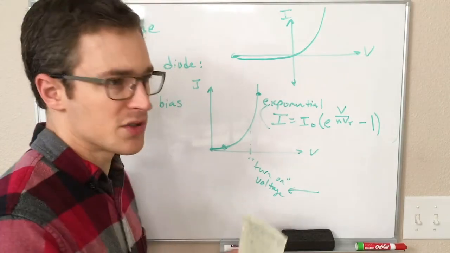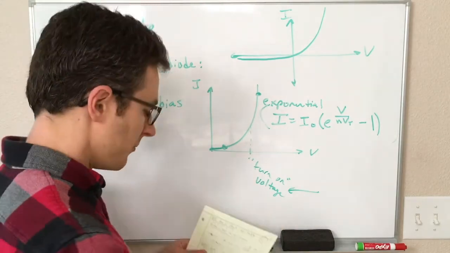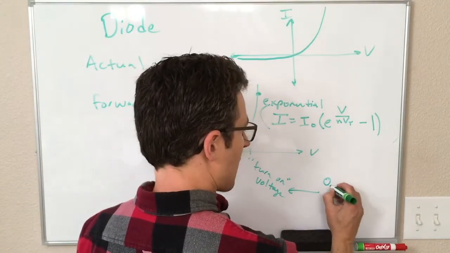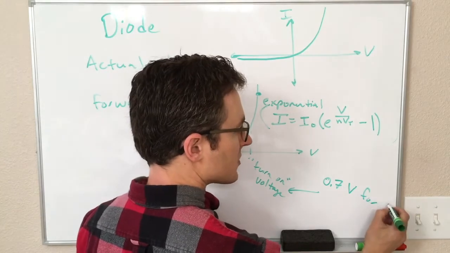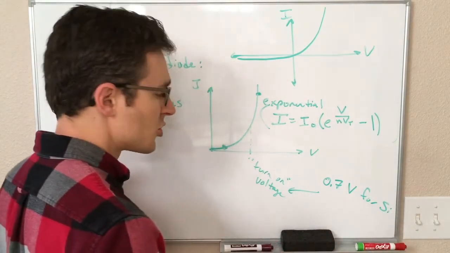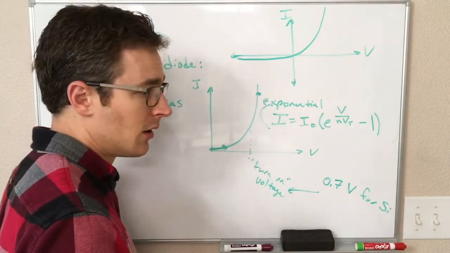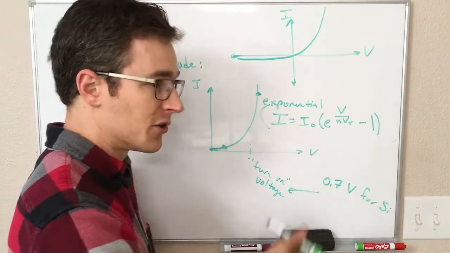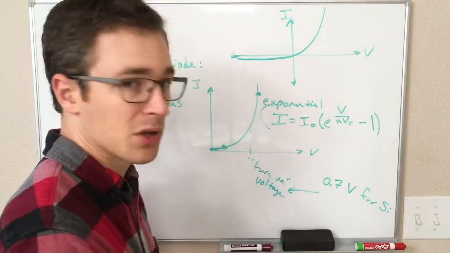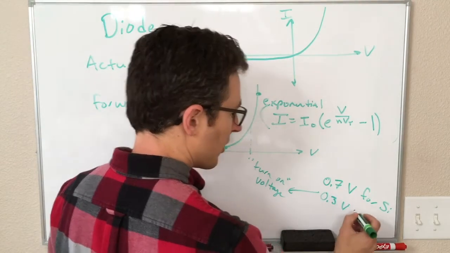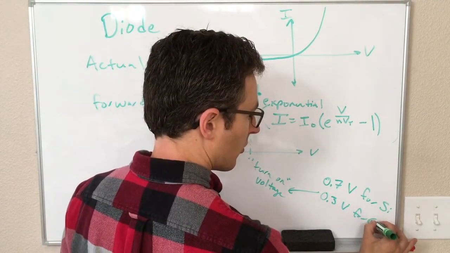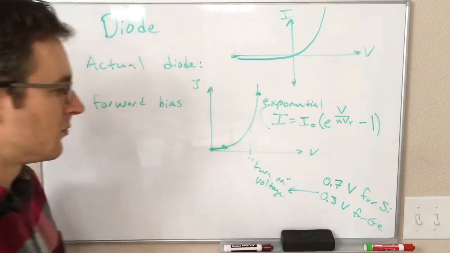Silicon is not the only semiconductor. Silicon diodes have this turn on happen at about 0.7 volts. And germanium diodes, germanium is another semiconductor that is just under silicon on the periodic table, so chemically very similar, turn on at 0.3 volts for Ge, germanium.